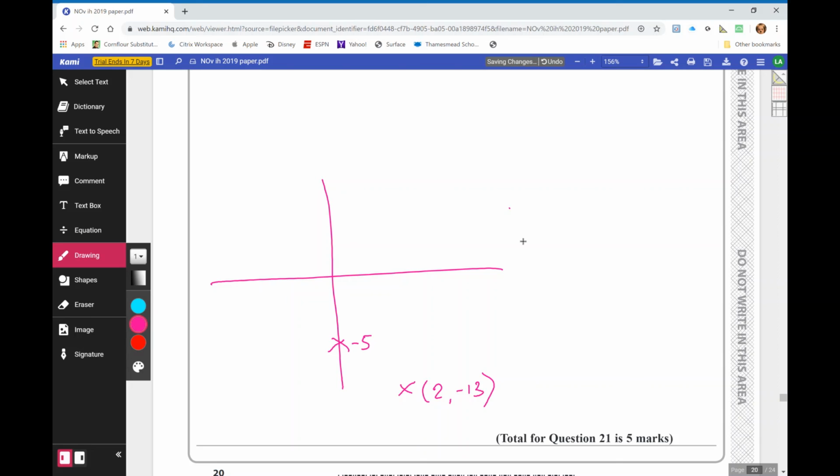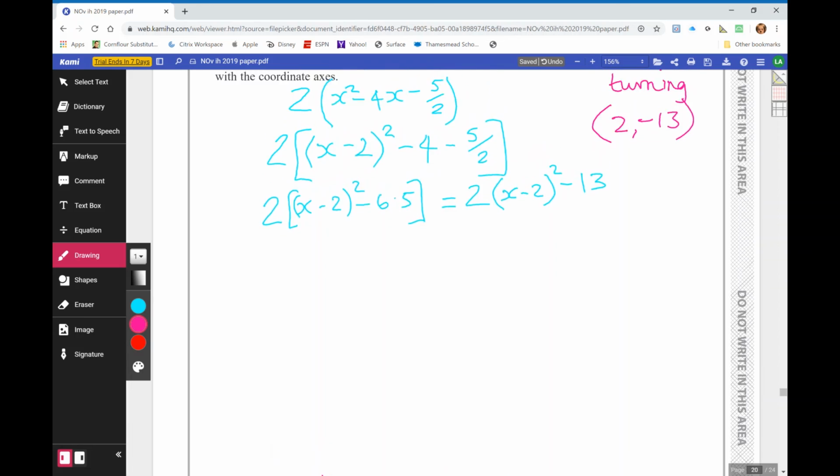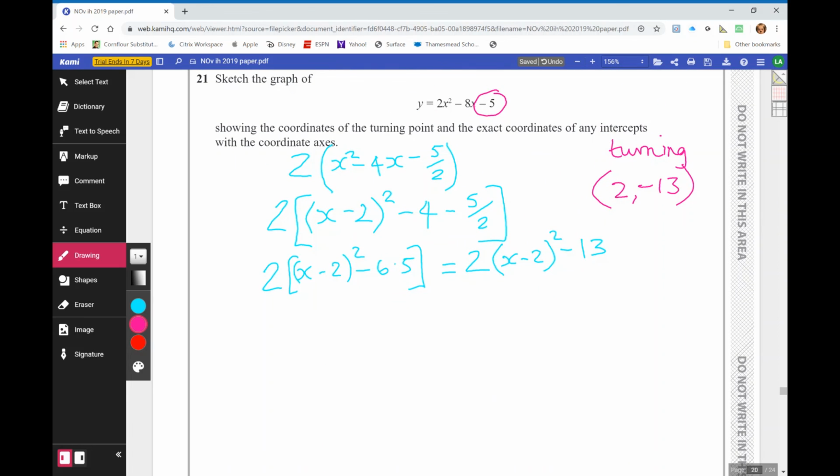Okay, so we expect it to come up here, and we kind of know it's going to turn here and go up here, but you still need these points where they cut the axis. Okay, so let's move on to that. Because we're in this format, we can then use this format to solve.